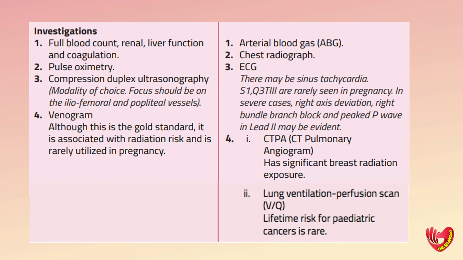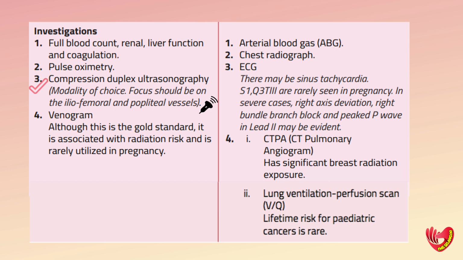Coming to investigation, patients who are suspected of DVT will need to be monitored on pulse oximetry and have blood investigations like full blood count, renal profile, liver function test, and coagulation profile done. Compression duplex ultrasonography is the modality of choice to diagnose DVT, and focus should be placed on the iliofemoral and popliteal vessels.